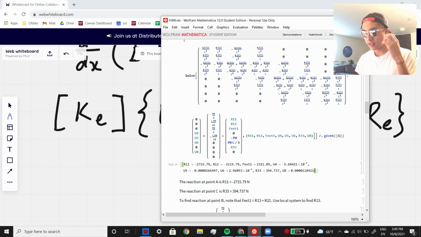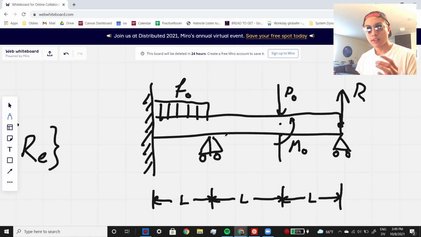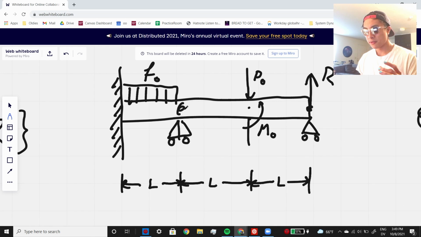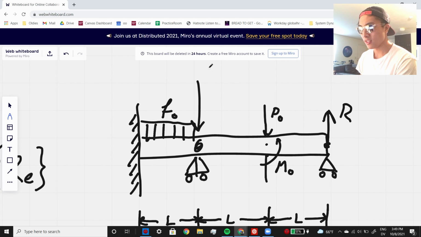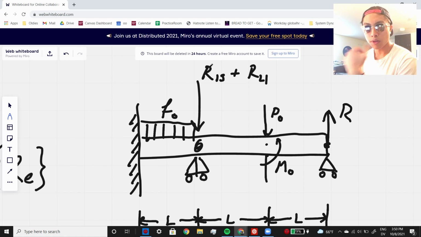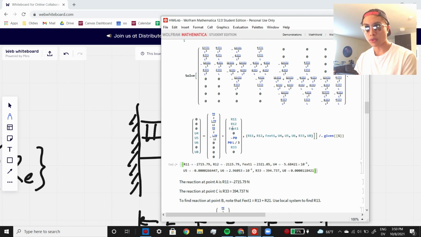One more funky thing is if it asks for things in the middle here, right here, that is R13 plus R21. Third node of the first element and the first node of the second element. So if we want to find R13, then we just solve the local system.